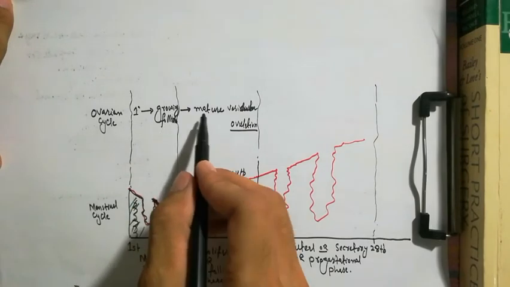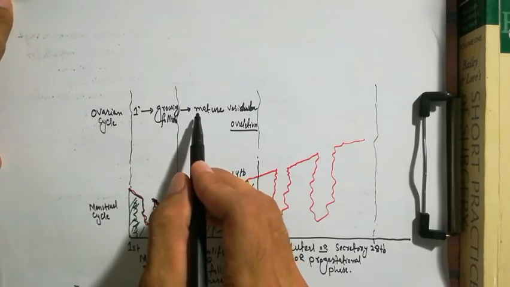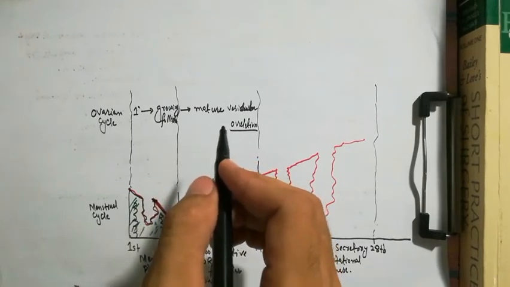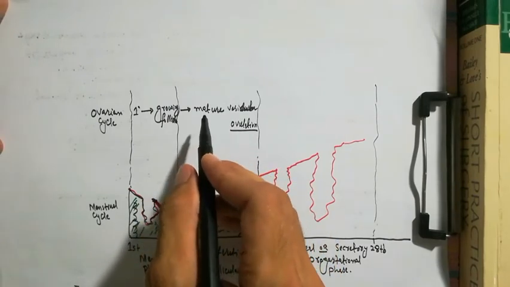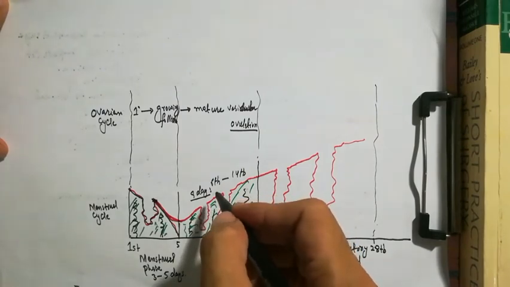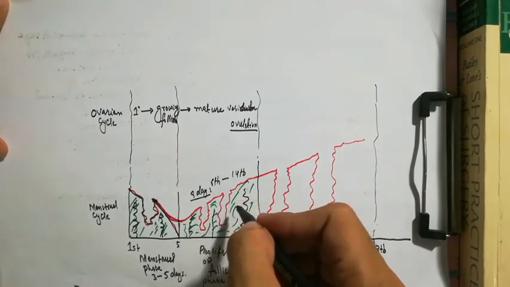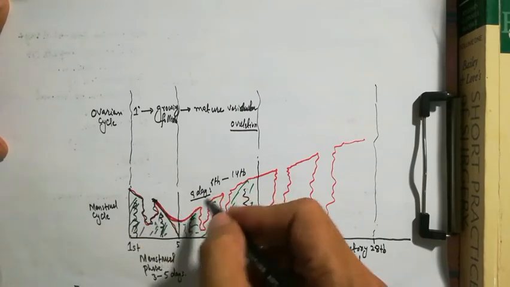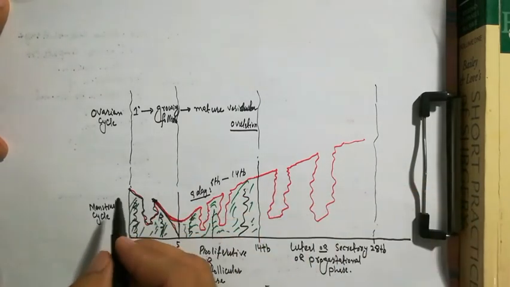Granulosa cells of follicles secrete estrogen, and this estrogen acts on the endometrium, and under the influence of estrogen, endometrial tissue develops. This in height is the thickness of endometrial tissue.